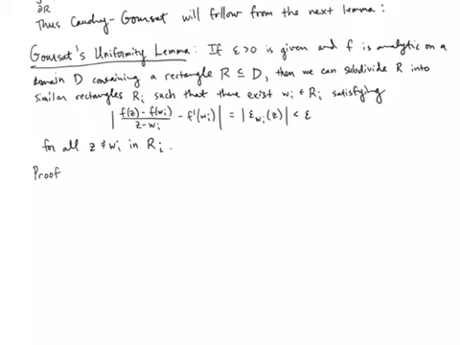Proof. If there is a w in R such that the absolute value of epsilon sub w of z is less than epsilon throughout R, we are already done.